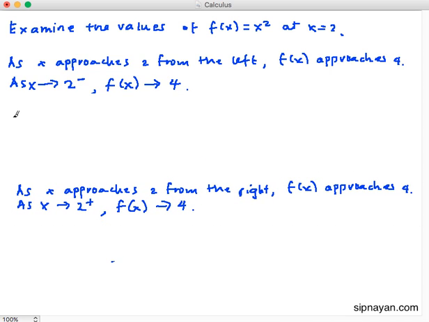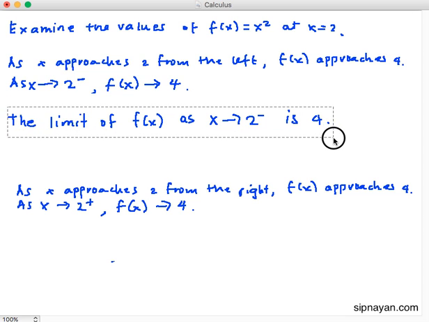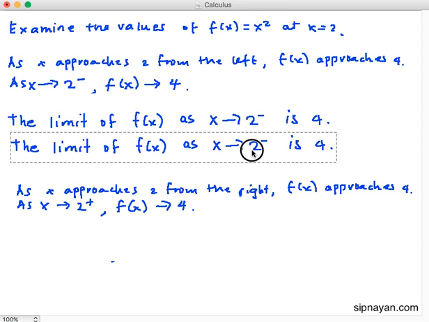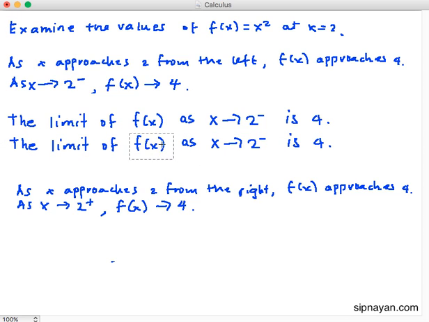So pwede nating sabihin that the limit of f of x as x approaches 2 from the left is 4. Or pwede rin natin palitan to. The limit of x squared, kasi yung f of x natin, x squared, diba? The limit of x squared as x approaches 2 from the left is 4.